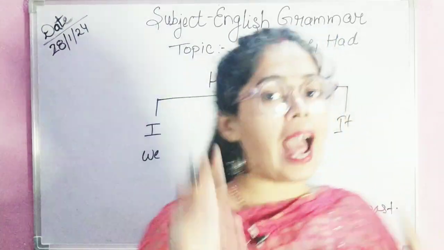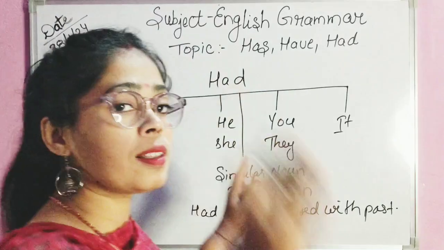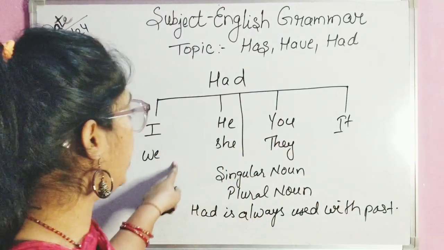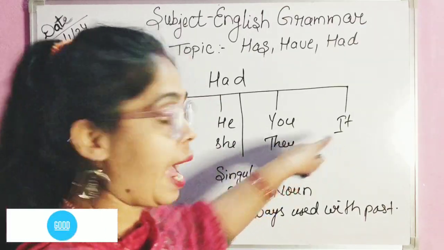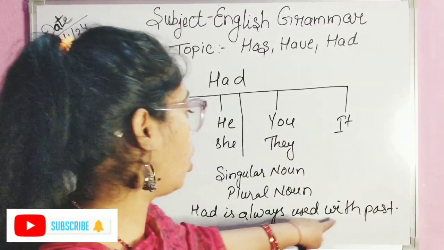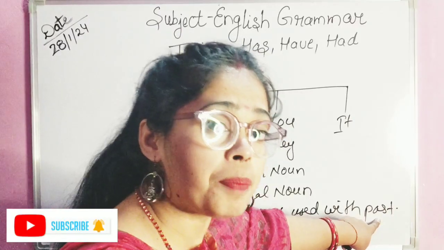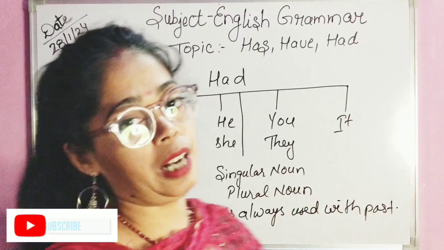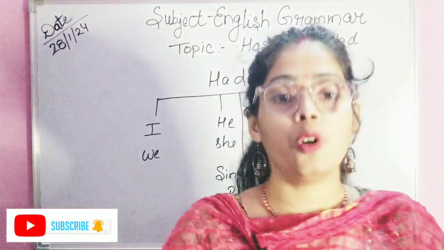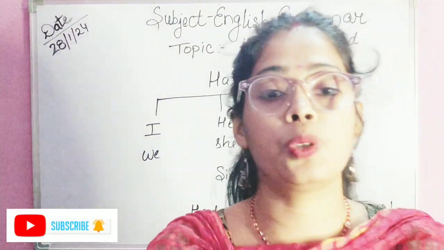And had is always used with all the subjects, that is I, we, he, she, you, they, it. And it is also used with the past, that is we already have done, and it is also used with singular and plural noun both. So students, I hope this concept is very useful to you, clear to you.